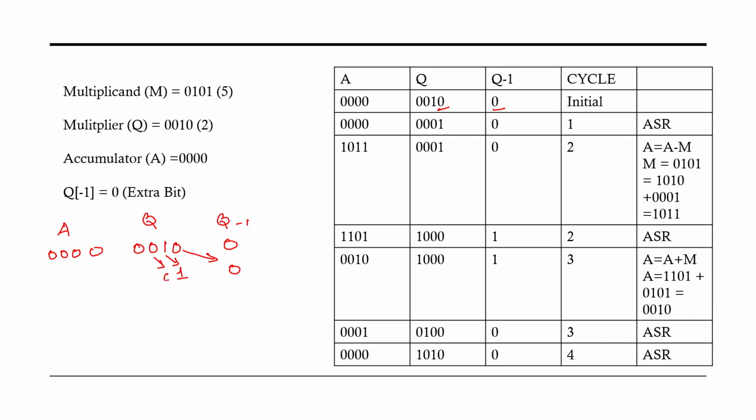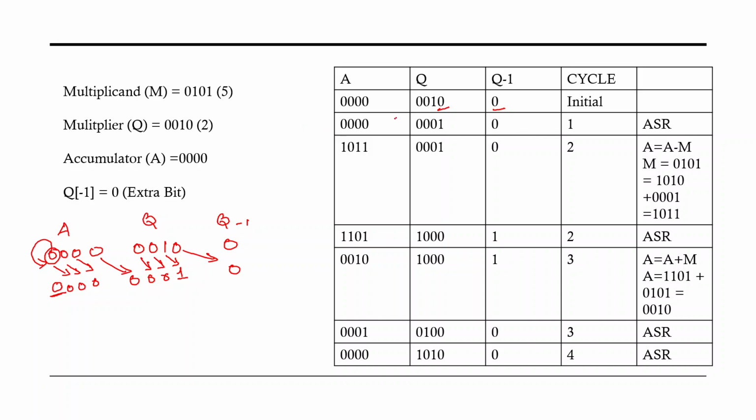This 0 shifts by 1 position, this 0 shifts by 1 position, this 0 comes to the MSB of the Q, and then these 3 bits will shift by 1 position. Then what about the MSB? Arithmetic shift right means whatever is in the MSB will be restored once again. So 0 is there, 0 will be restored. If 1 is there, it will be restored as a 1 in the MSB.